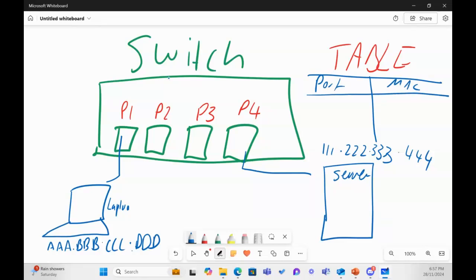So when this laptop sends a request to shout out on the local area network, where are you, server? Where are you? This is what happens. The switch looks at the MAC address and puts that MAC address in here straight away. That's CCC DDD. Yeah, I know my handwriting's terrible.